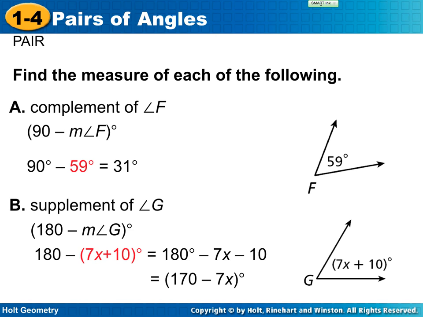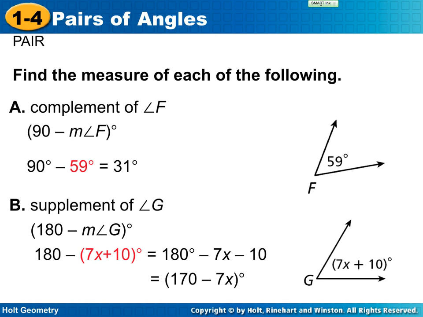I'm going to try and convince you that that's actually the correct one. Okay, now wouldn't the two angles, angle G and I'll just call it supplement, shouldn't those add up to 180 degrees? That's the idea. So what I'm going to do is check your answer. Angle G was 7x plus 10, and the measure of the supplement should be 170 minus 7x.